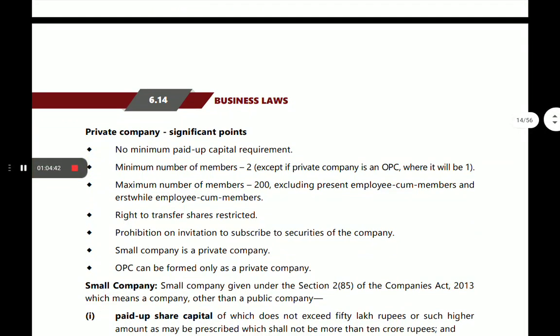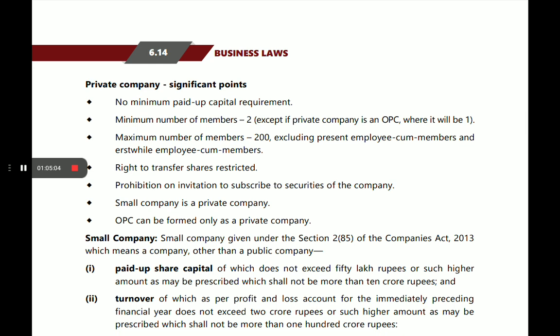Private company, significant points: no minimum paid up capital requirement. Minimum number of members 2, except if the private company is an OPC, where it will be 1. Maximum number of members 200, excluding present employee-cum-members and ex-employees who were members while employed.